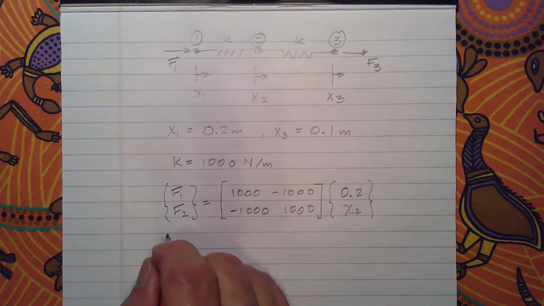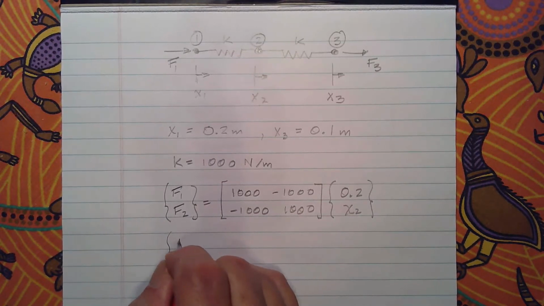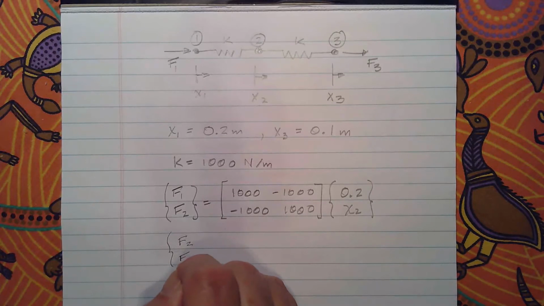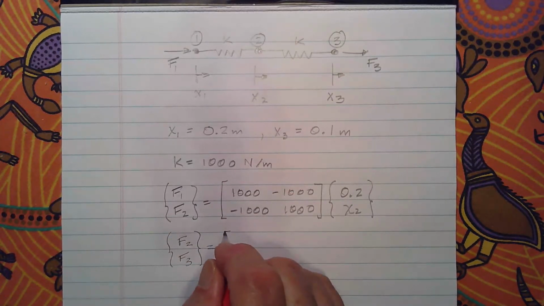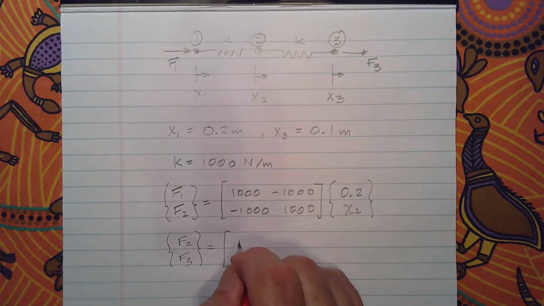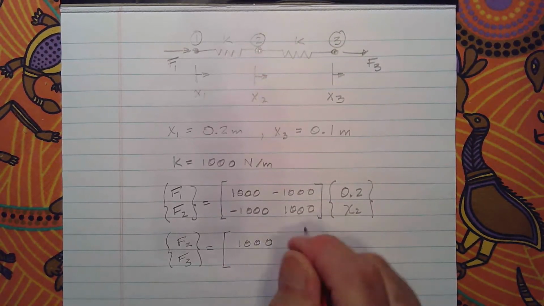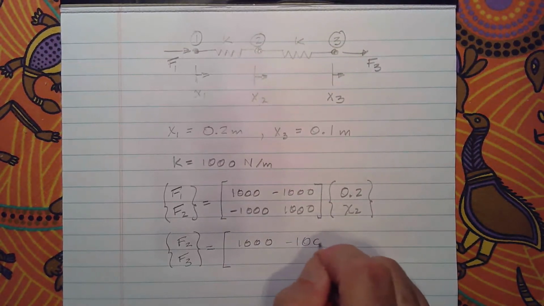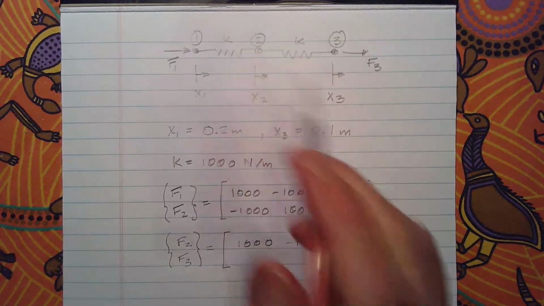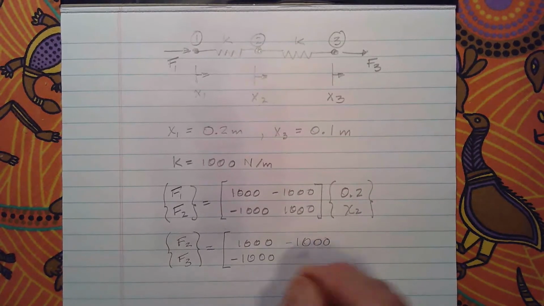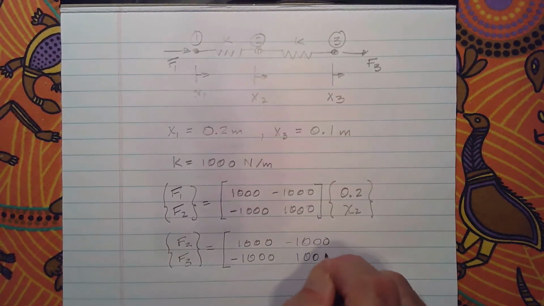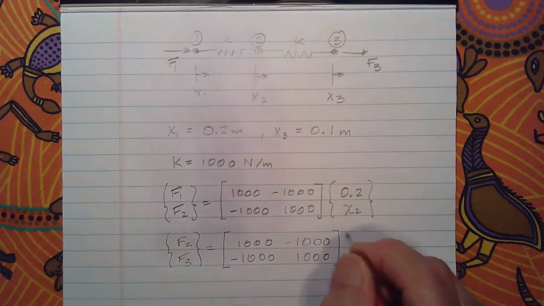Our second element has F2 and F3, the nodes are node 2 and node 3. The element stiffness matrix is the same. The second spring is the same as the first spring. I specified that. It doesn't need to be, but in this case it is because we want to see what happens.